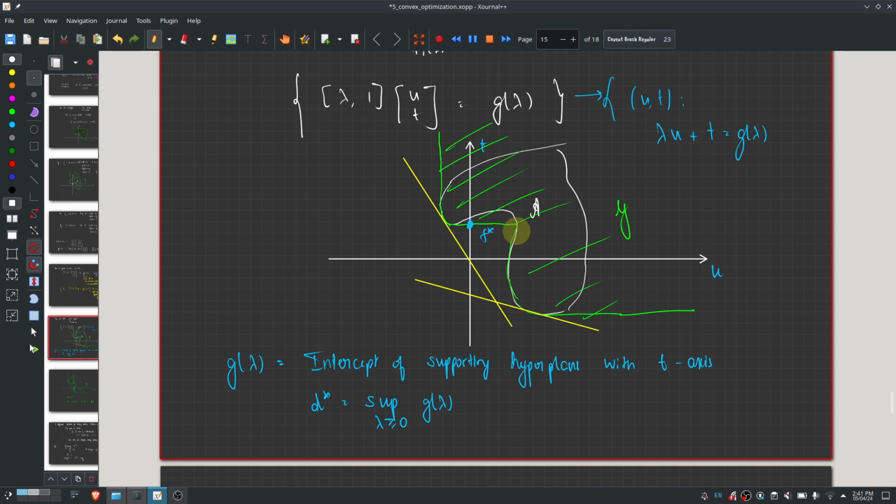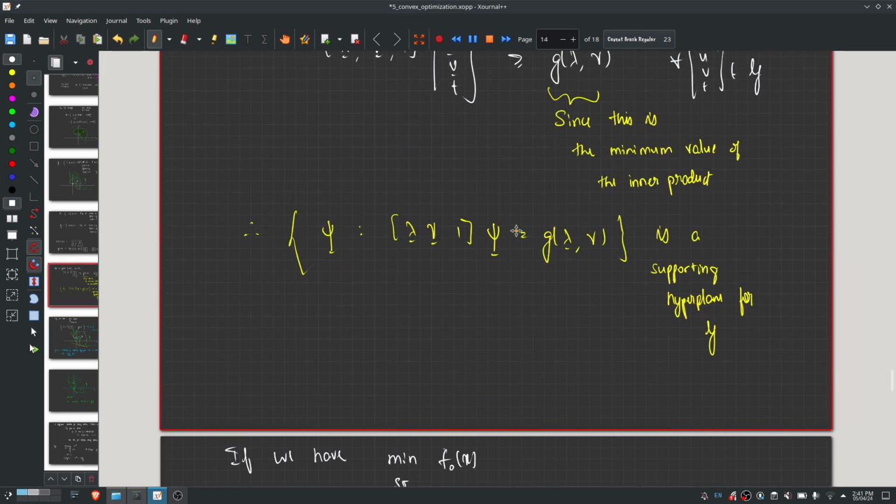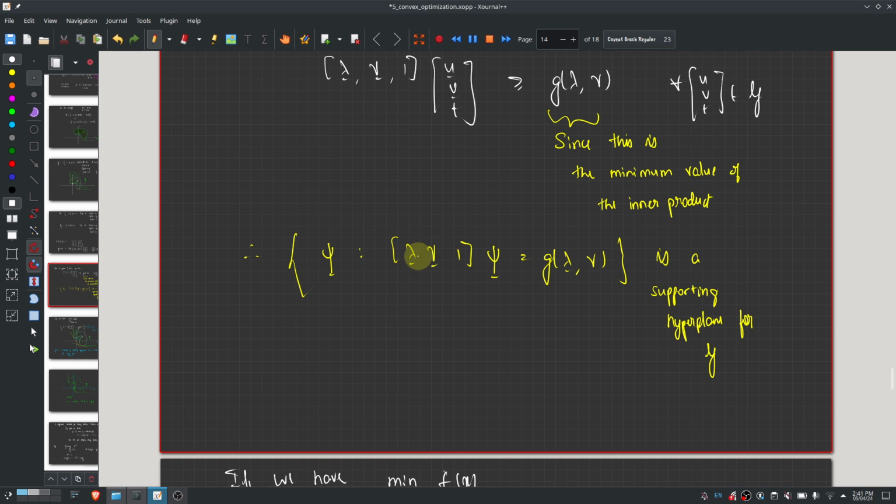One thing to note is that each supporting hyperplane is essentially defined by this vector, lambda, nu, 1, correct? One thing to keep in mind is that the last coordinate of this vector, essentially the normal to the supporting hyperplane, is always equal to 1. This has a special name.